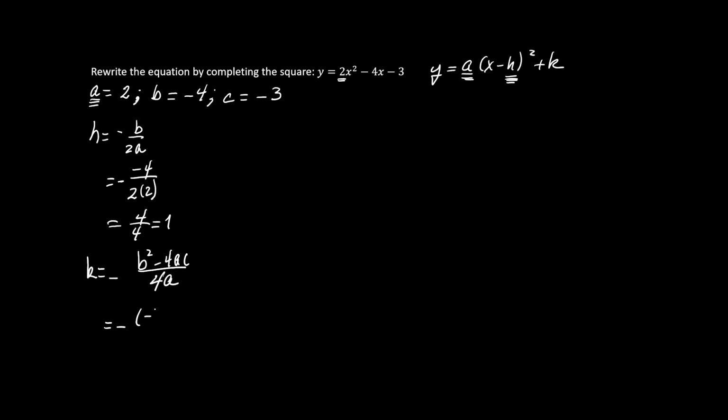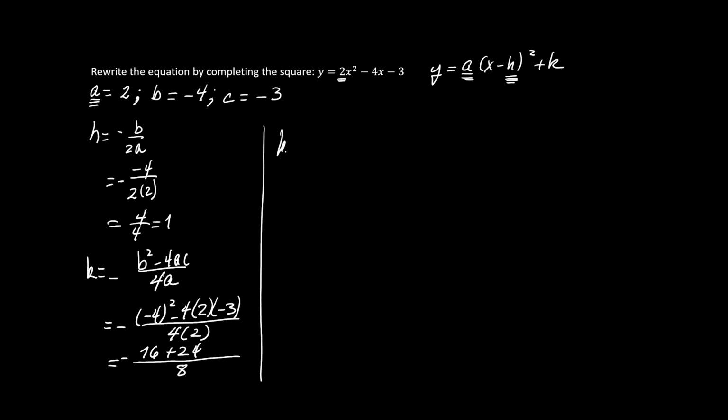B is negative 4 minus 4 times A times C over 4 times A. This is 8 on the denominator. Here's the negative. Negative 4 squared is 16. This negative with this negative give me a plus. So I have 4 times 2, which is 8. Excuse me. Times 3 is 24. So now k equals negative 40 over 8 or negative 5.